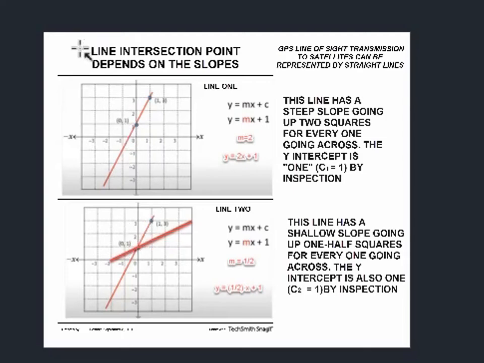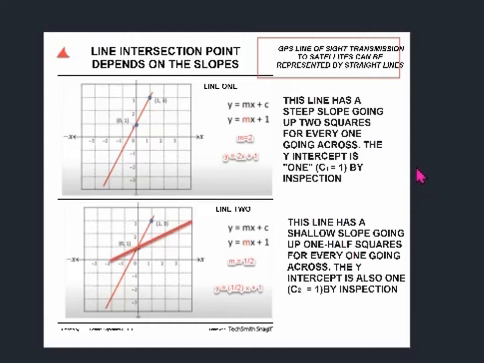And we can see that the line intersection point depends on the slopes, right? If the slopes ever match up, then the lines of sight will either be parallel and never intercept, or they'll be everywhere equal and always intercept.